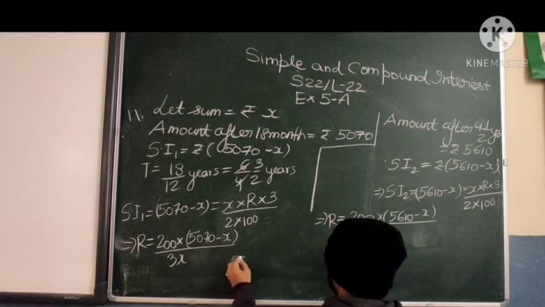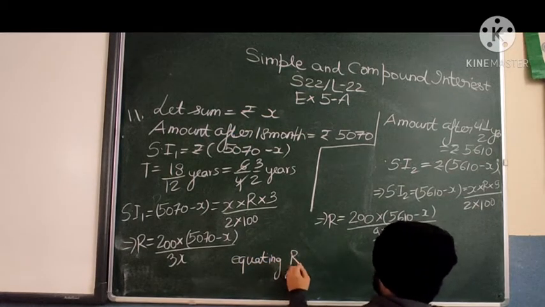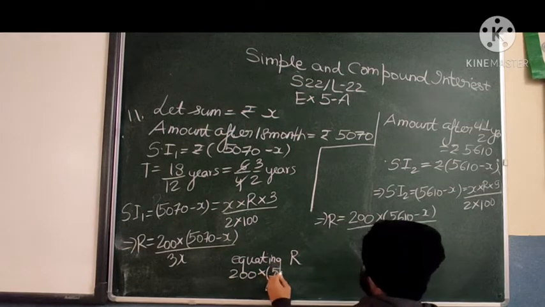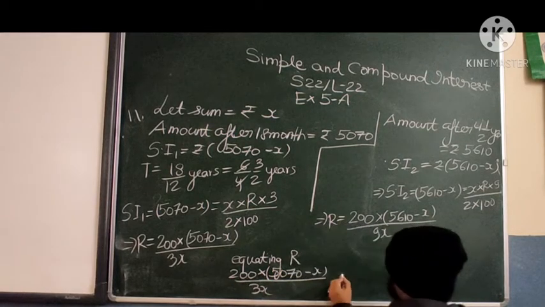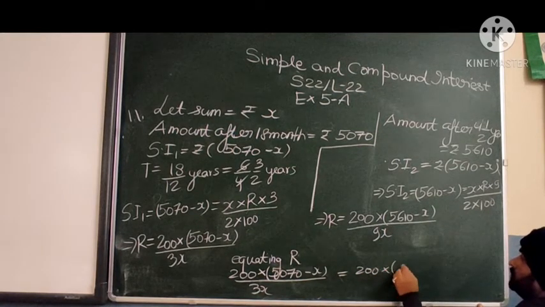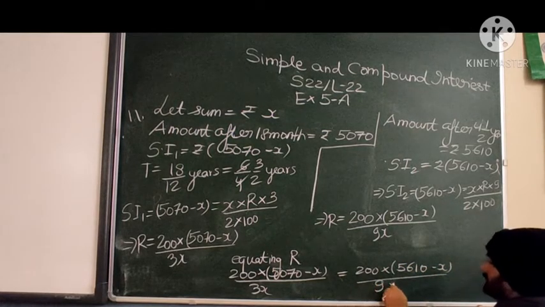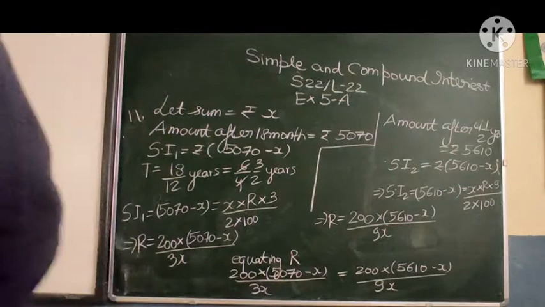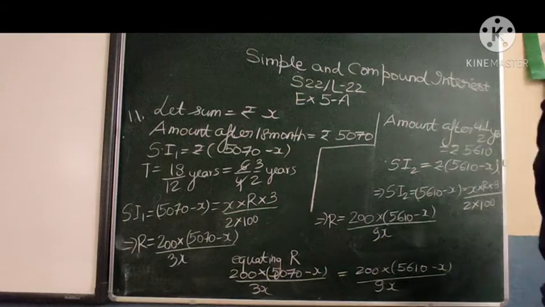Therefore, we will again write, equating R, 200 into 5070 minus X upon 3X is equal to 200 into 5610 minus X upon 9X. Now see, 200 and 200 will get cancelled, X actually gets cancelled, and 3 1 is 3, 3 3 is 9. I am rubbing the portion at the top so you can finish this question.